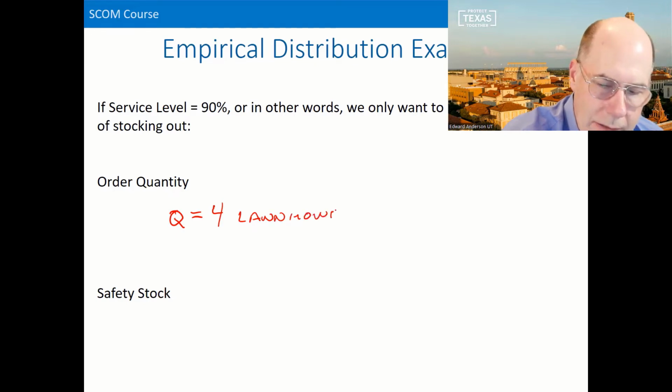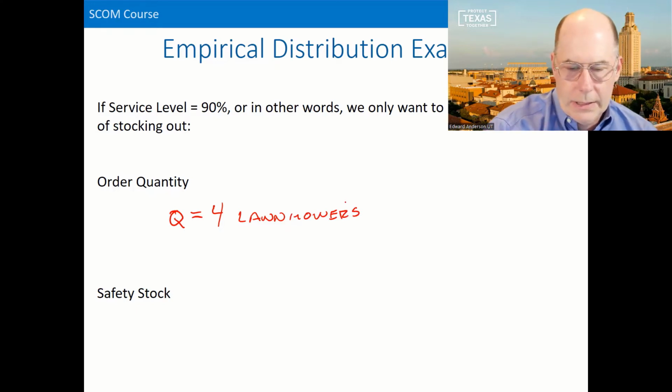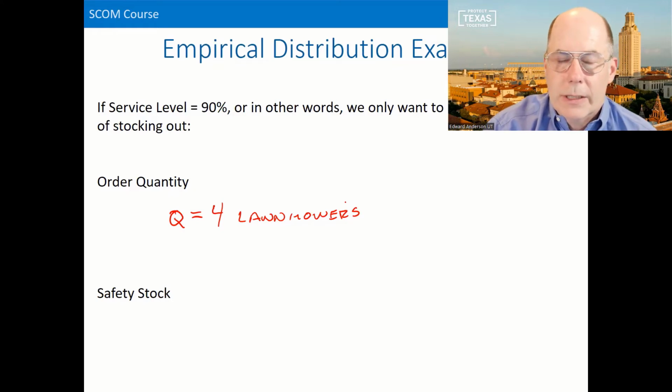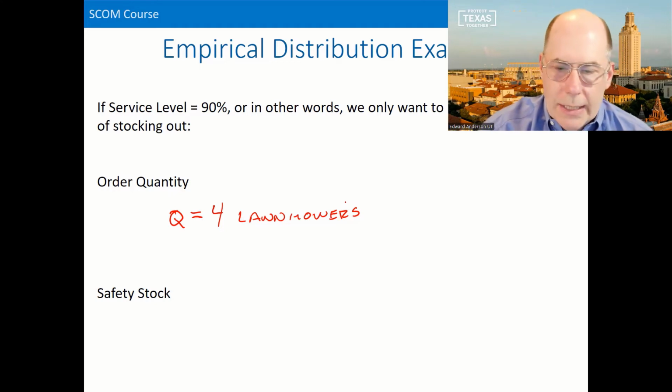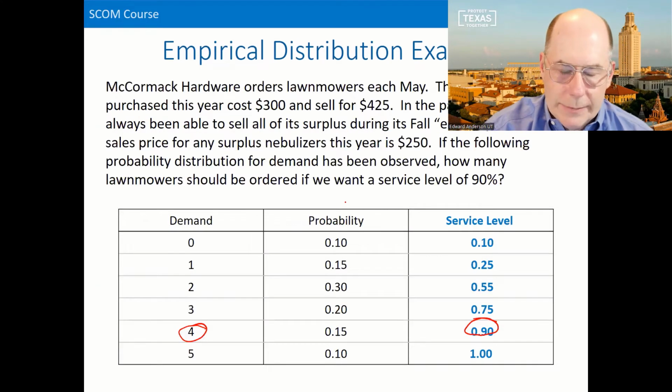Now, interestingly enough, that's really more than we need at some level. If we had a service level of 50%, we would be matching demand in some sense. We'd be most likely to match demand. But we are ordering 4 at a 90% service level.